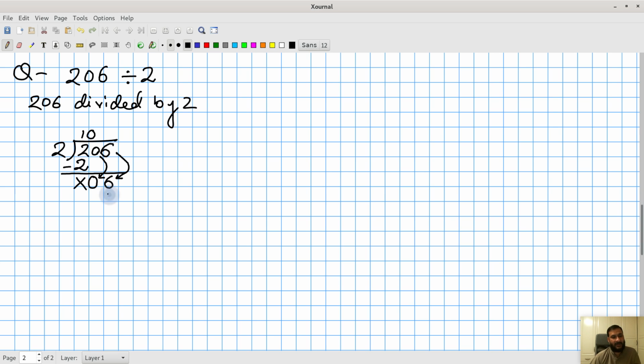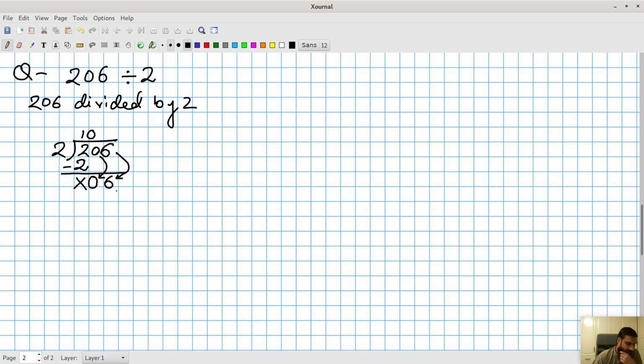So now we have 6 here. It is not 60, of course, it is just 6. And we could not write this 0 as a cross because we have brought it down from here.